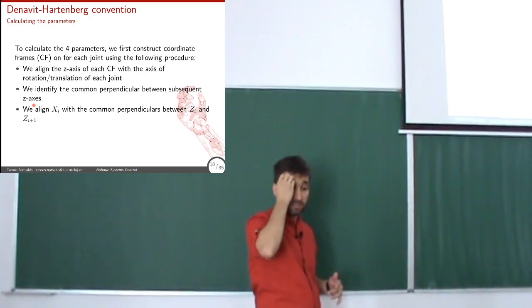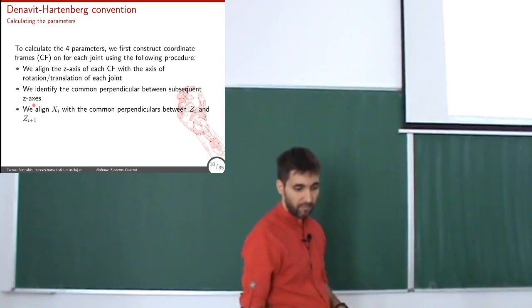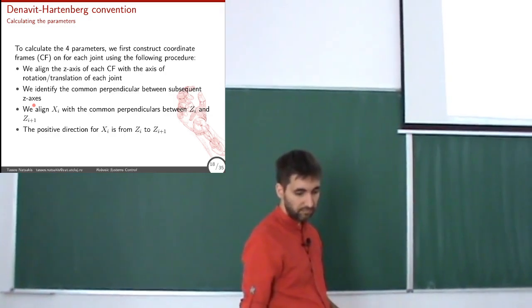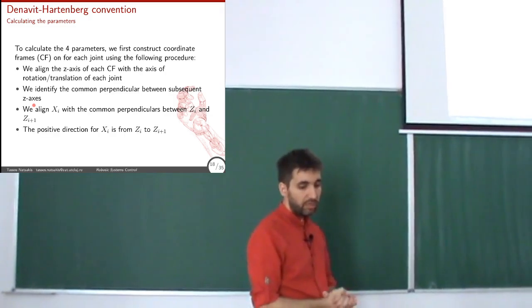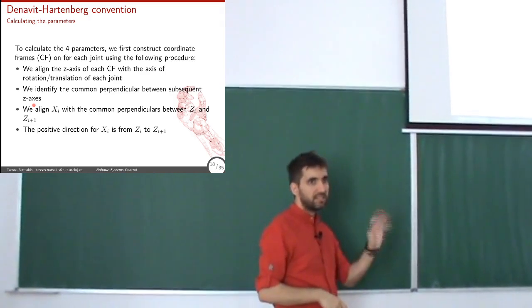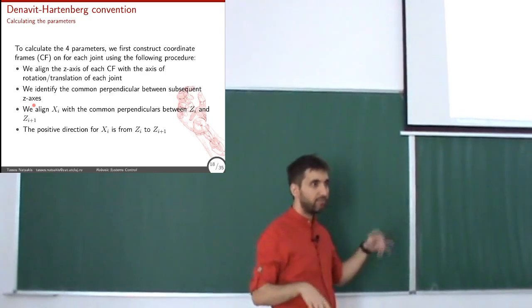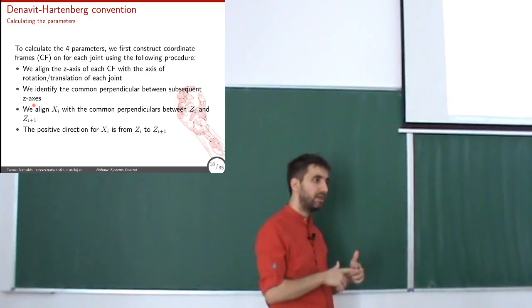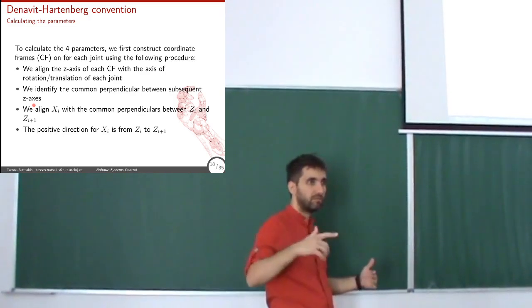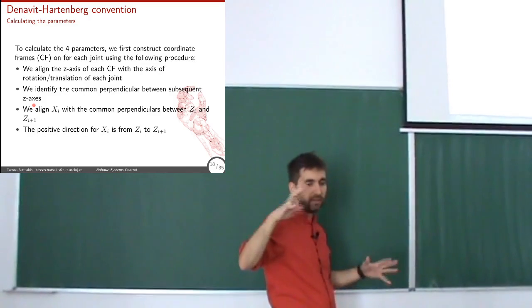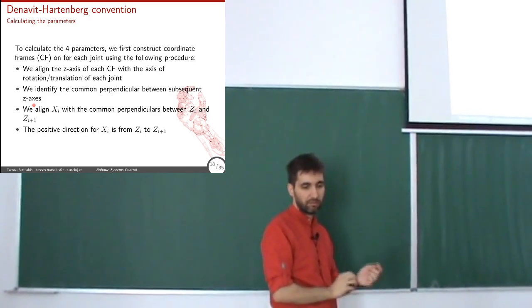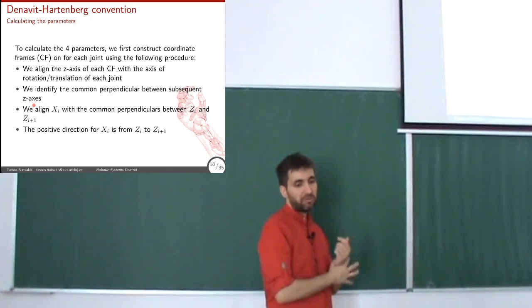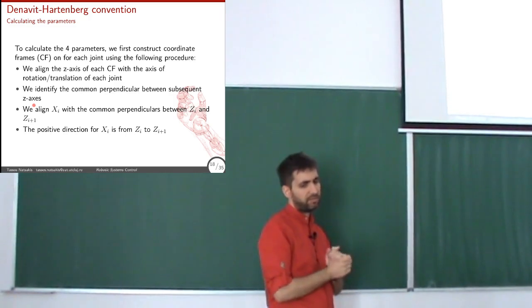We'll see how that is important later on. And as a convention, the z-axis positive direction we choose ourselves, but for the x-axis, we choose the direction going from z1 to z2, from z2 to z3. Okay, that's a convention. We could have chosen differently, it wouldn't have changed much.